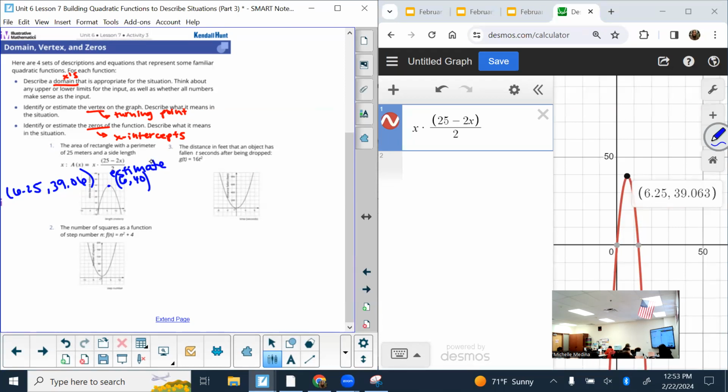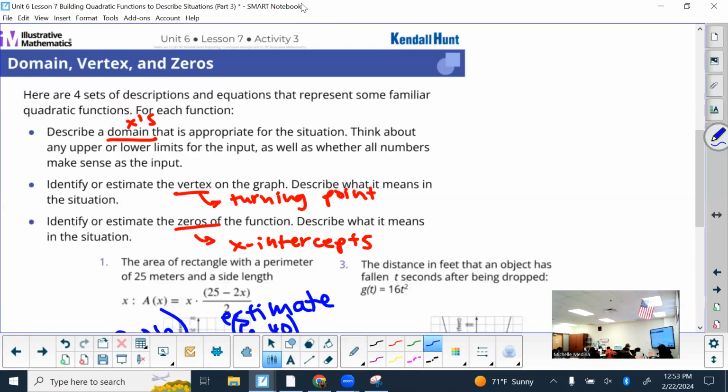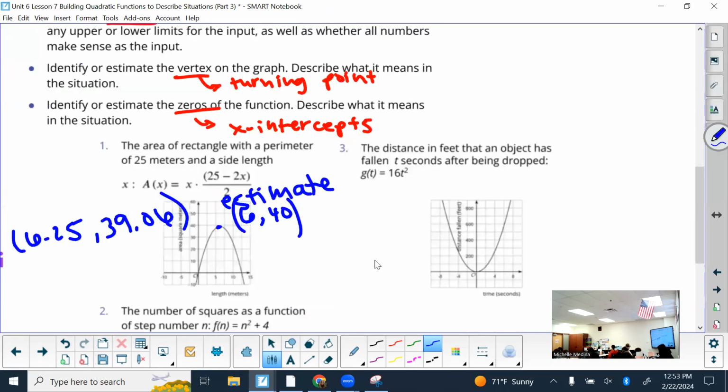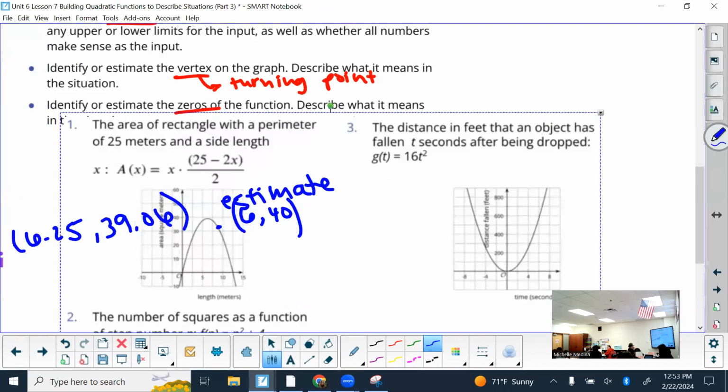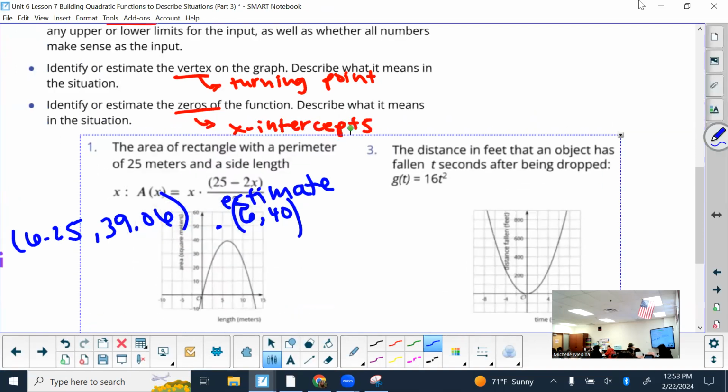Okay, so that's vertex. Table, who did I just ask, by the way? Table 4. So table 5, what are my zeros of this first one? Maybe that makes it a little bit better.